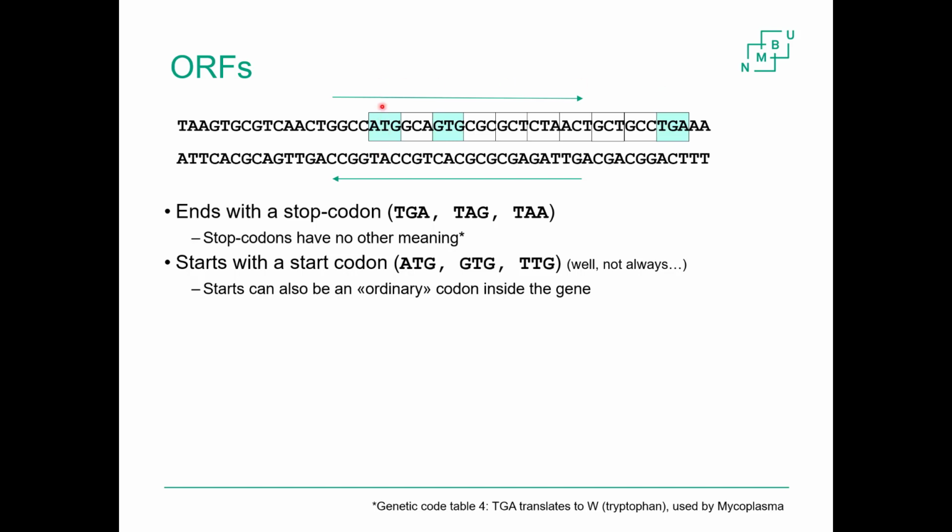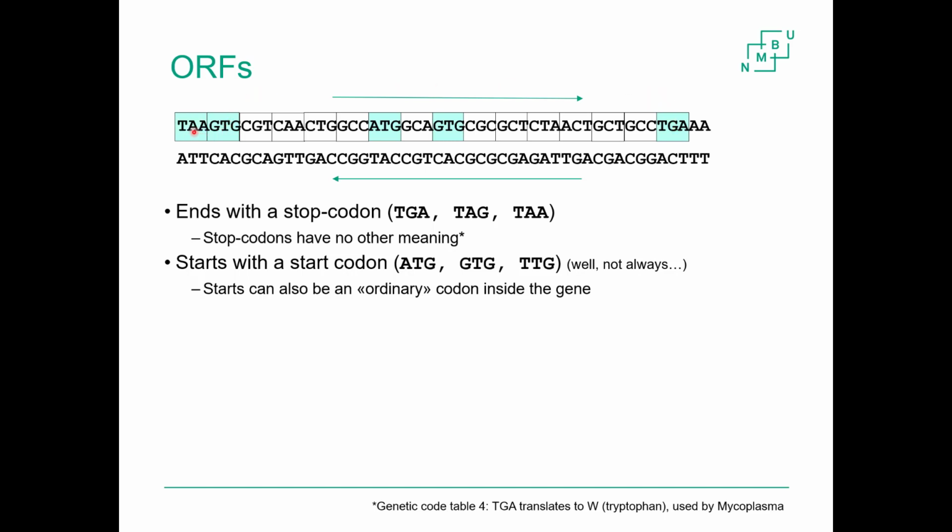The first one is just a part of this longer one, and that GTG doesn't mean a start anymore. It's just an ordinary codon inside. And so on. We just have to move upstream and upstream and upstream. And here we found yet another start codon, a third ORF that covers both of the first two.